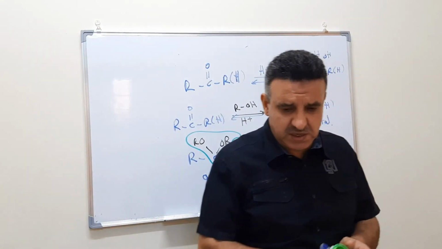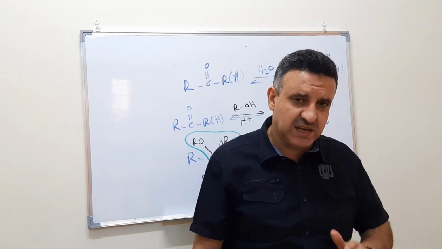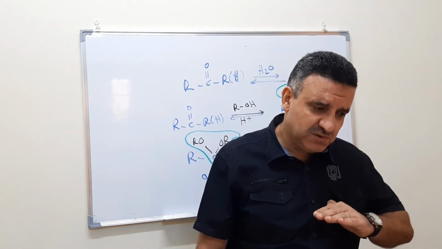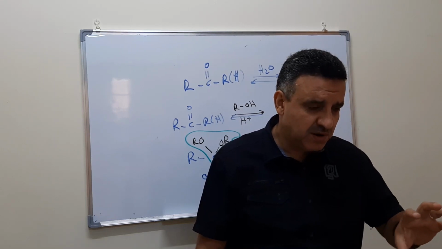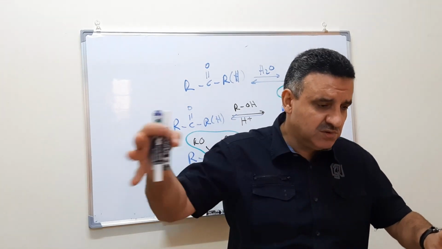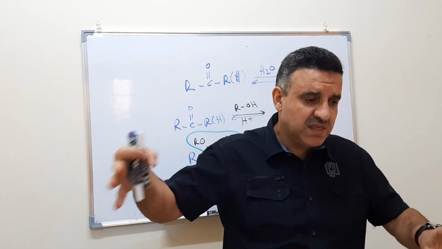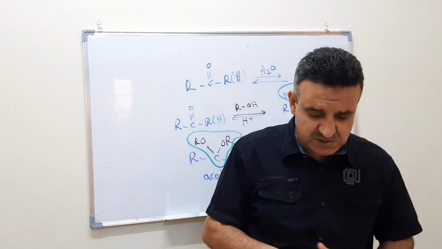And that's why the major use of this reaction, as you can see in the next slide, is that we can use the acetal formation as a protecting group of 1 aldehyde or ketone functionality. And then we can do the reaction for the rest of the compound. And then we can remove this acetal and end up with whatever we want.